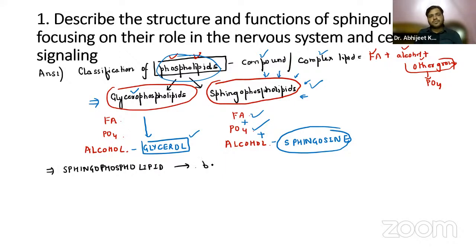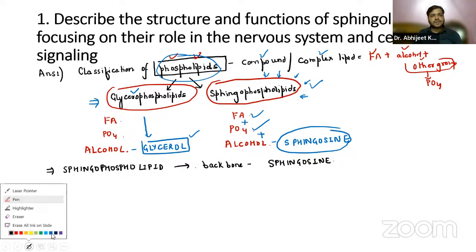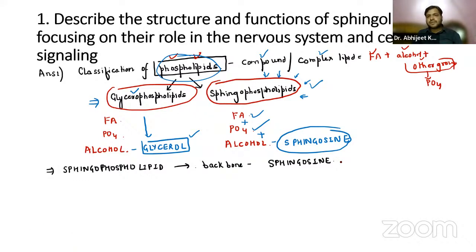Basically the backbone is sphingosine, and you already know that sphingosine is basically an amino alcohol.